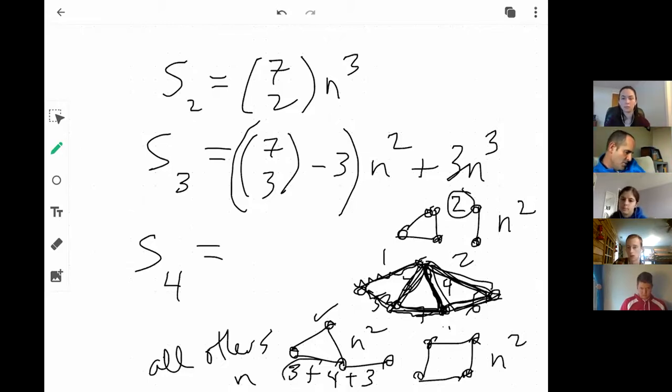So I have 2 of those. I have 3 plus 4 plus 3 of these. How many of the little square situations are there? Just 2. I believe so. Yeah, there's just 2 of those.